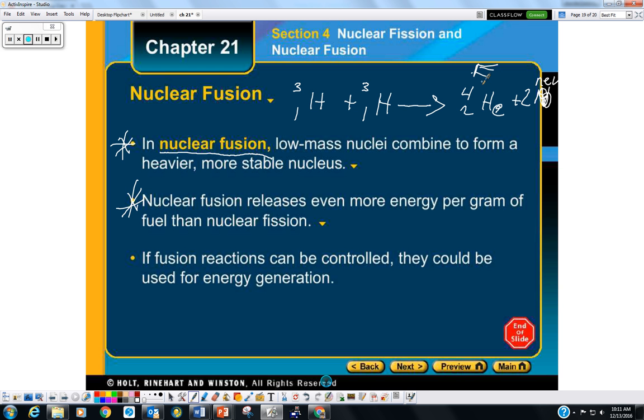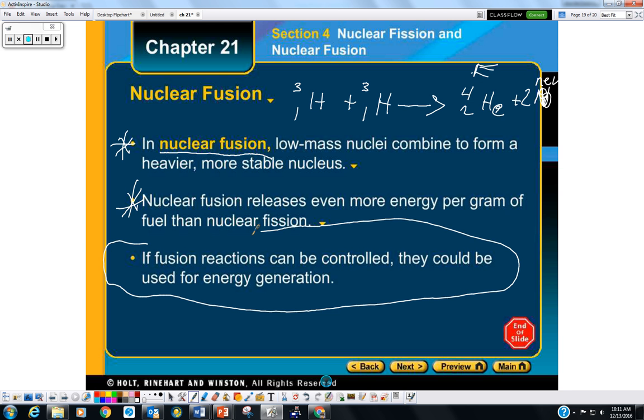Now, herein lies the problem and the attraction to fusion. If fusion reactions could be controlled, basically we would have an unlimited energy source till the end of the foreseeable future.